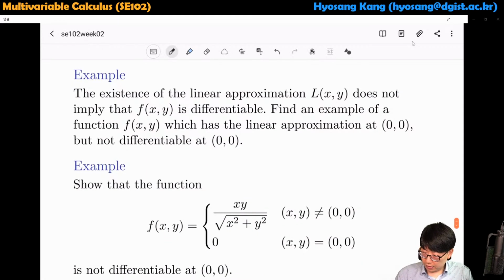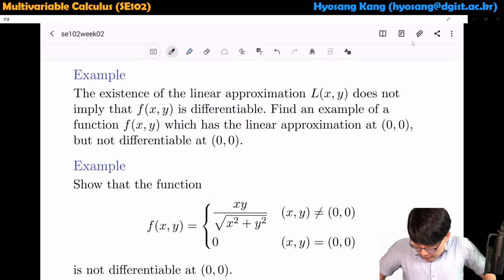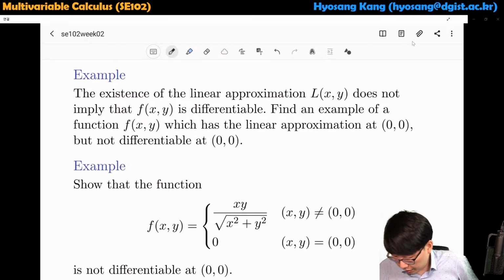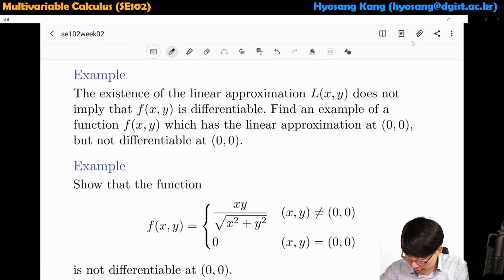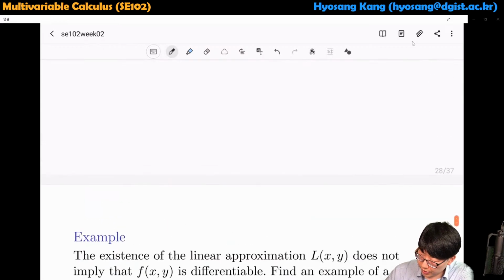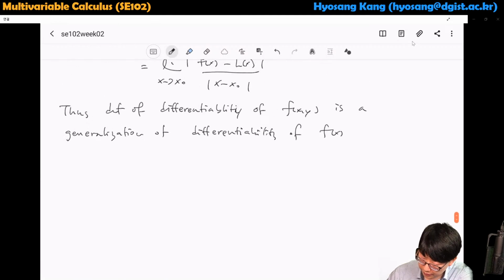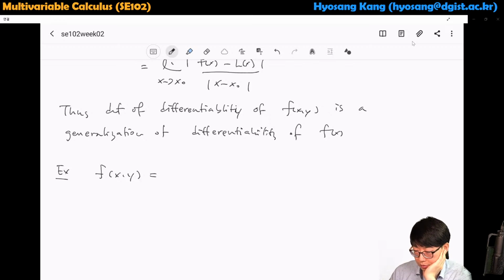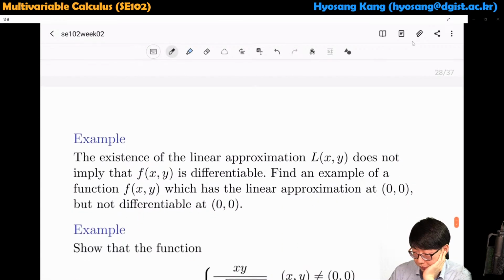Alright, so that's the definition. Let's look at examples. The existence of linear approximation does not imply that f of x, y is differentiable. Find an example of function which has linear approximation at 0, 0 but is not differentiable at 0, 0. So before I actually give an example, let me restate what it says.